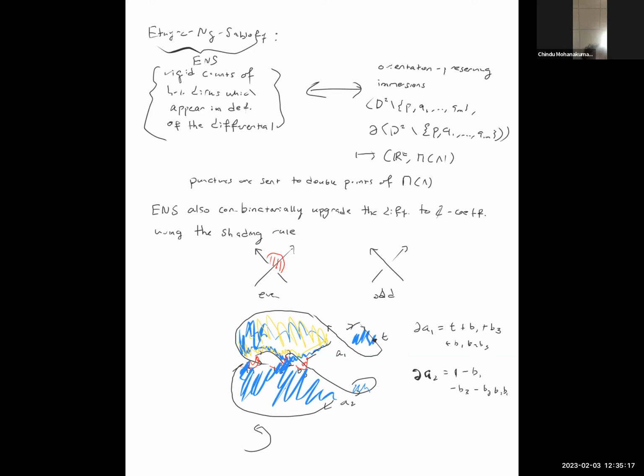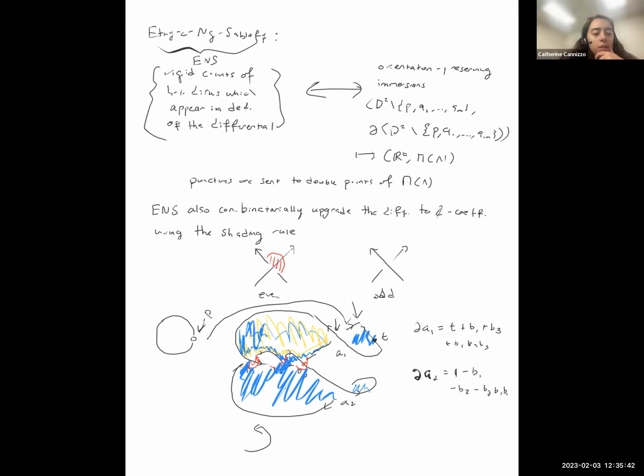Yeah, but Catherine, going back to your question, this disk right here would be a one puncture disk mapped into the Lagrangian projection. And this puncture P would be sent to this double point A1. I see. Okay. Yeah. That makes sense. Thank you. Okay, cool.